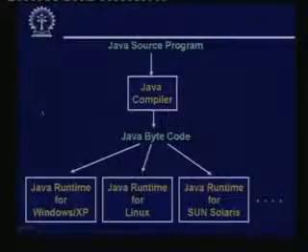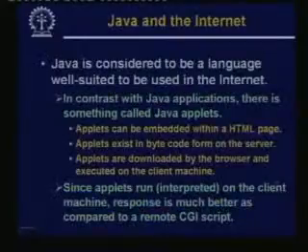So, this diagram which is shown here actually iterates the same point I am trying to make. The Java compiler will be generating the bytecode which can execute on any platform. It can be Java runtime on Windows XP, Java runtime on Linux, Java runtime for Sun Solaris or any other. Okay. So, this is how Java programs get executed.